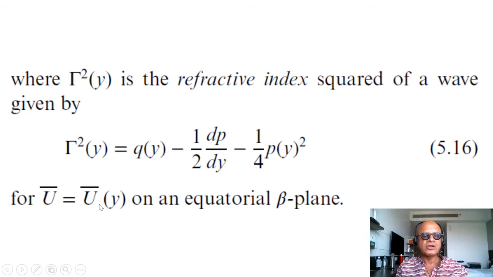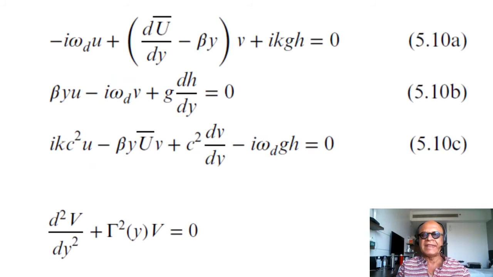So u bar here is u bar(y), which is where we got Py. If u bar is 0, Py is 0, then gamma squared y just becomes Qy. So we have to still remember we are on the equatorial beta plane. So we basically translated these governing equations with linearization into this wave equation.